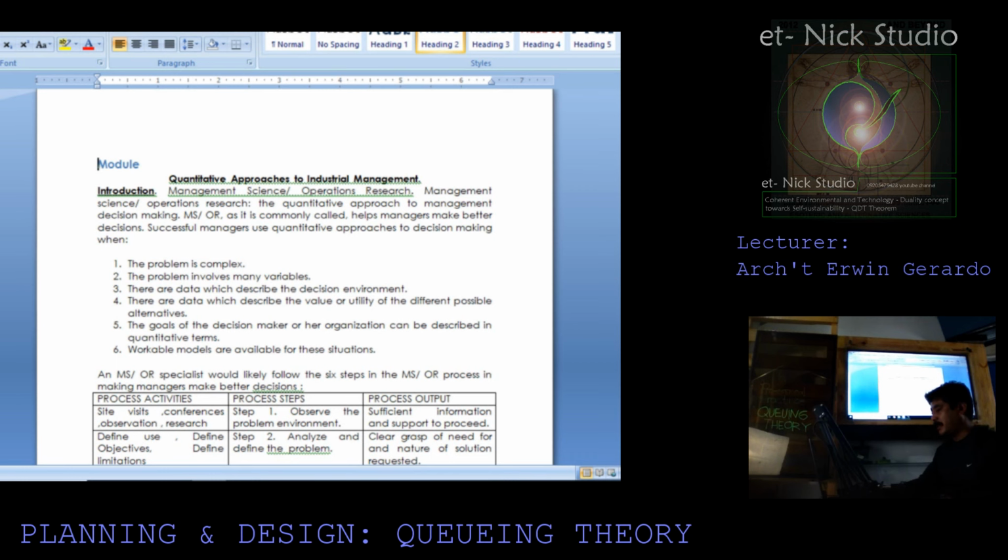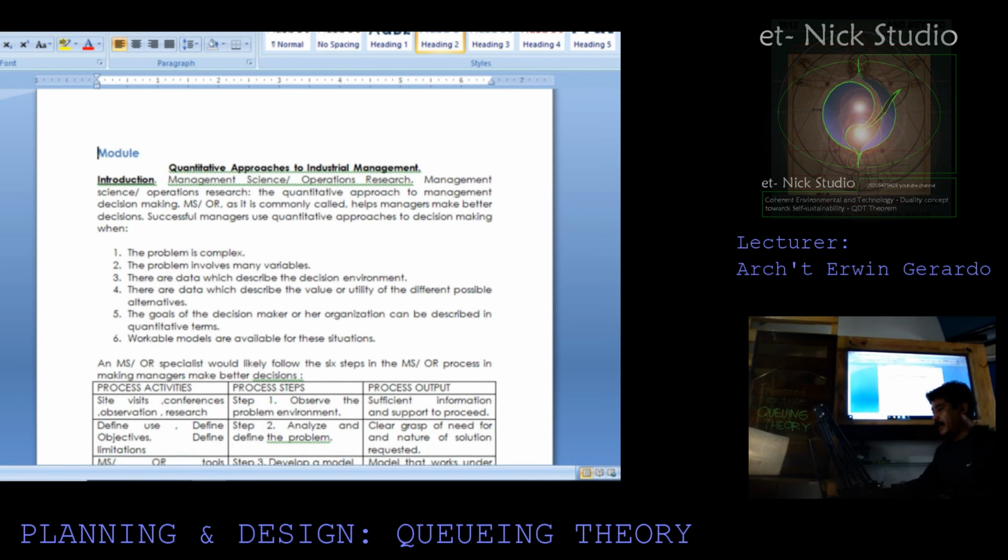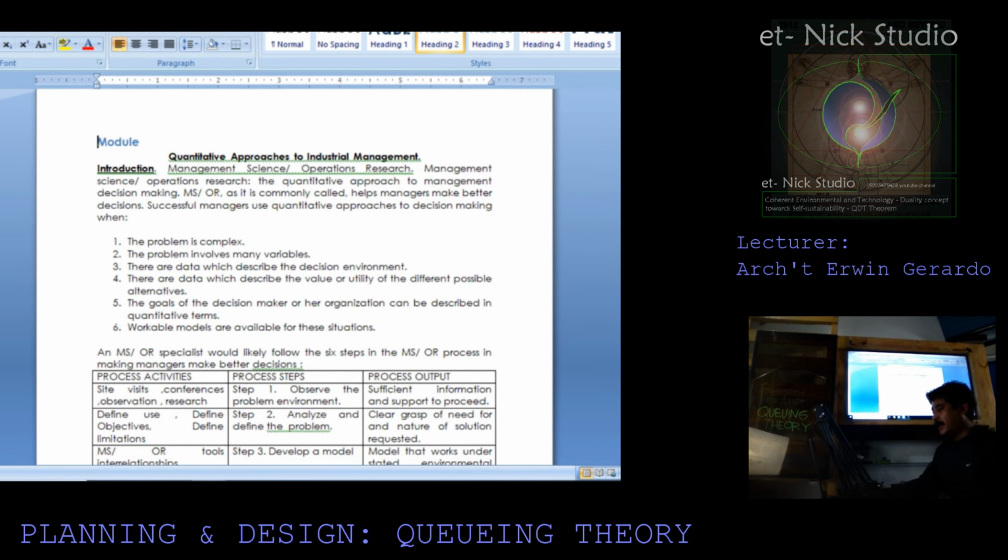So, introduction: management science or operations research. Management science or operations research is the quantitative approach to management decision making.